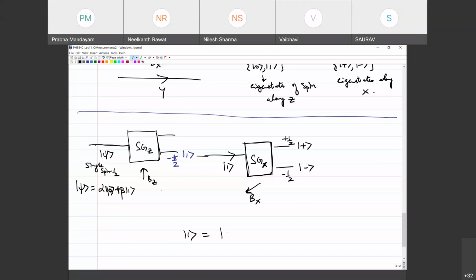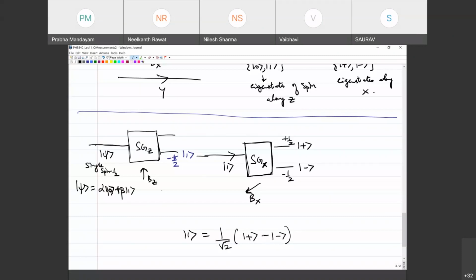How can I write 1 in terms of plus and minus? 1 over root 2 times plus minus minus. Okay, good. I hope everyone sees that.